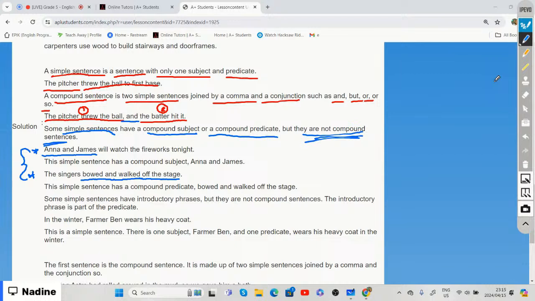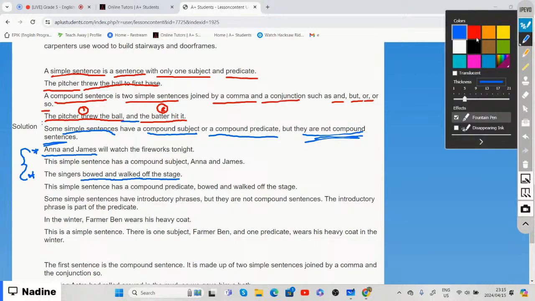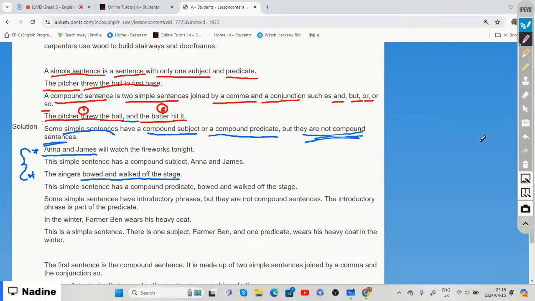All right. Then, when it comes to different types of sentences, some simple sentences have an introductory phrase. And remember, a simple sentence has one subject and one predicate.